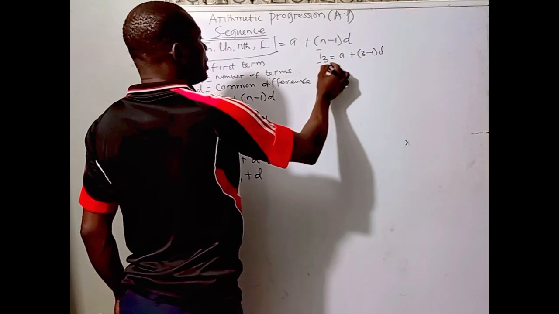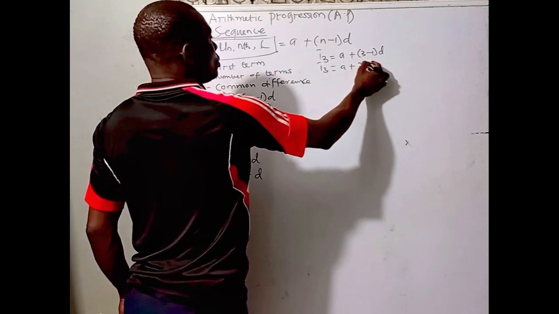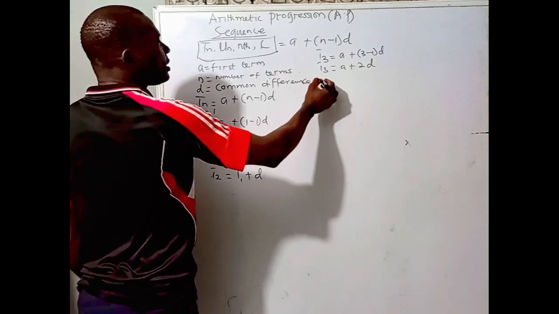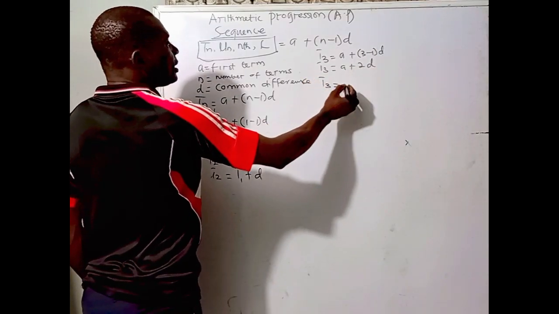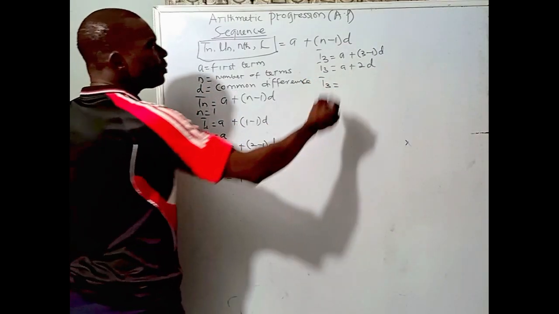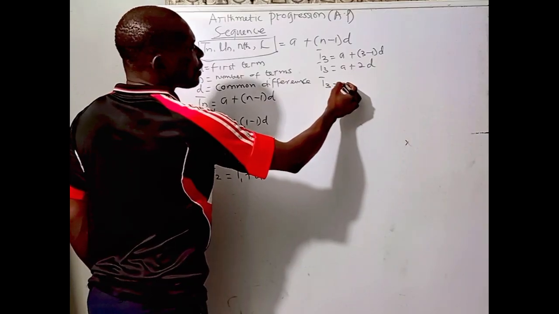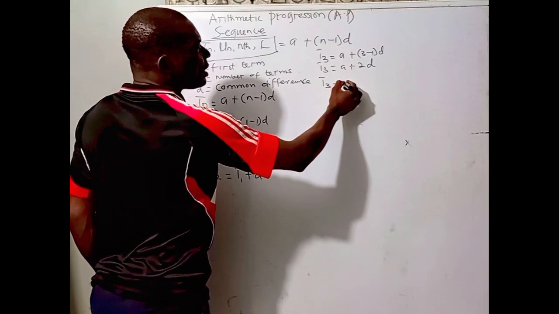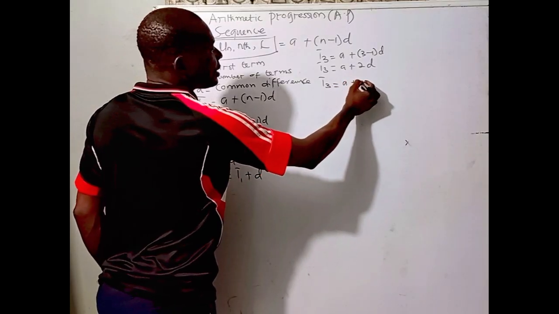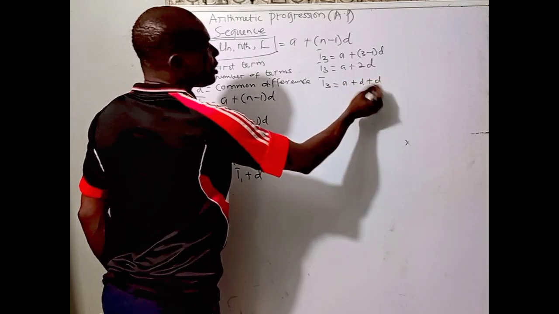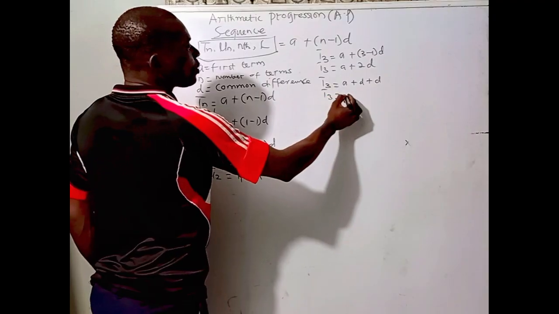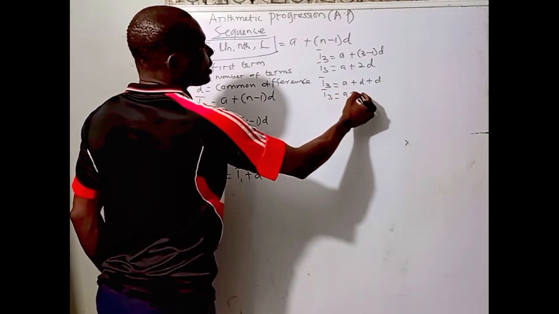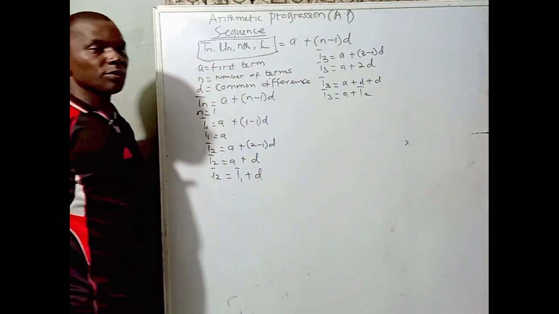So T3 is a plus 2d. In essence, T3 simply means the third term is a plus d plus d. Is it not 2d? So your T3 is a plus 2d.